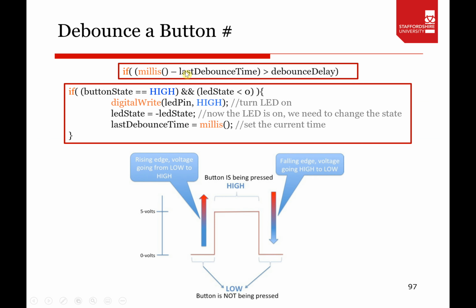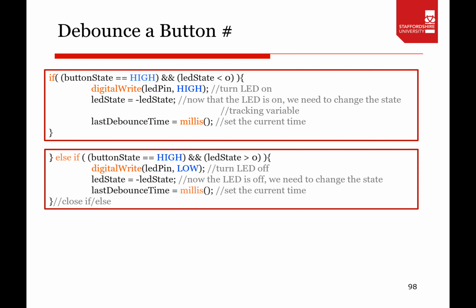So if millis minus debounce time is greater than debounce delay, if button state equals high and LED state equals 0, we're doing equals 0, whereas in our example that I just went through, we used not equal to. So it was a simpler if statement. However, the result is the same. You can see there are a lot more conditions here.